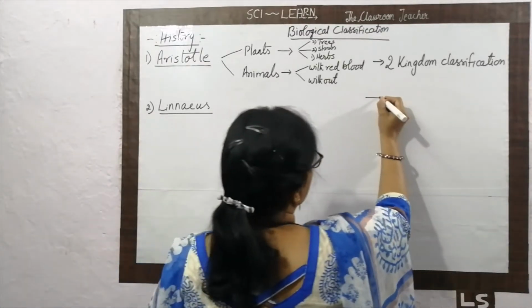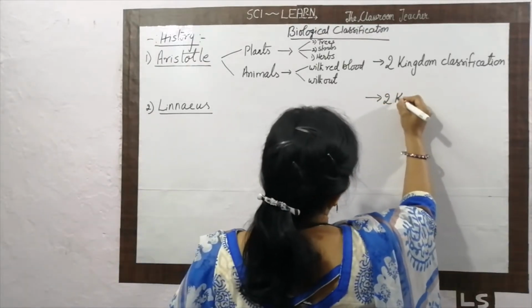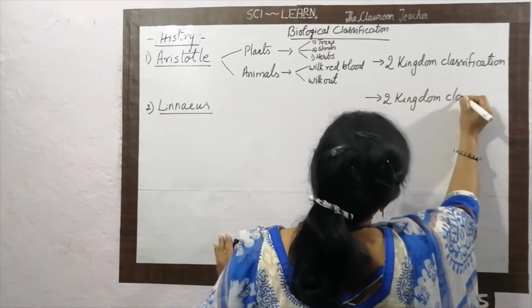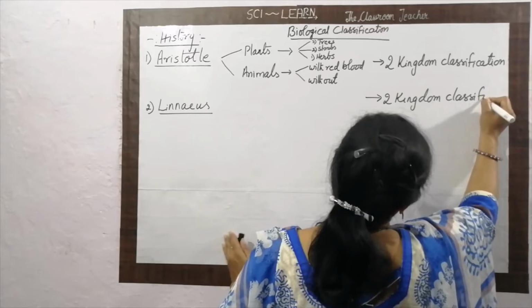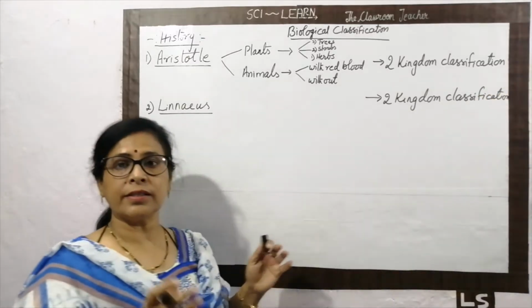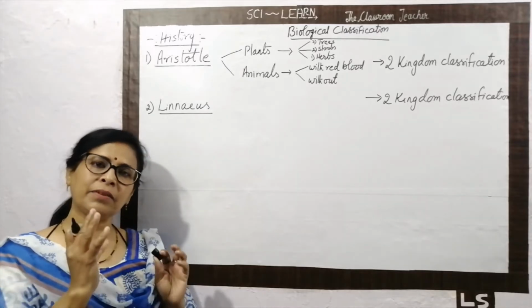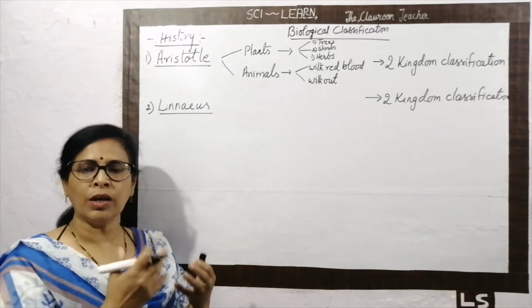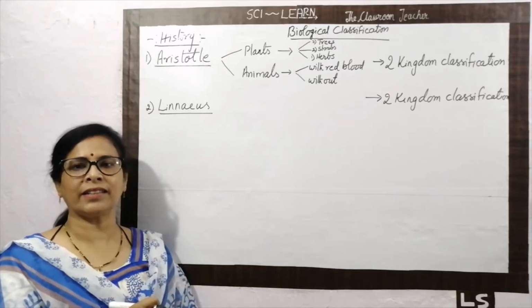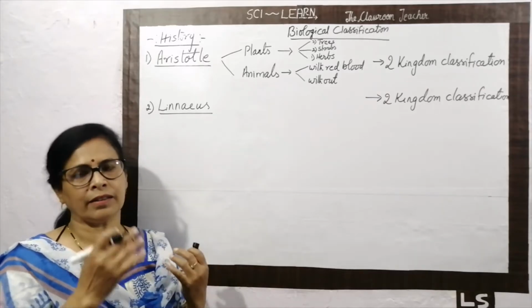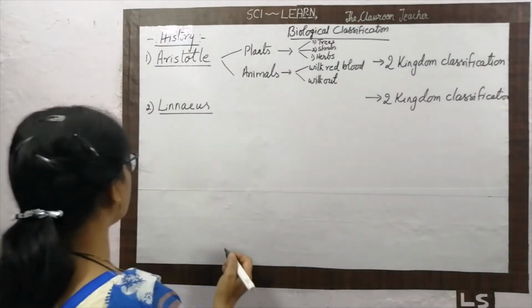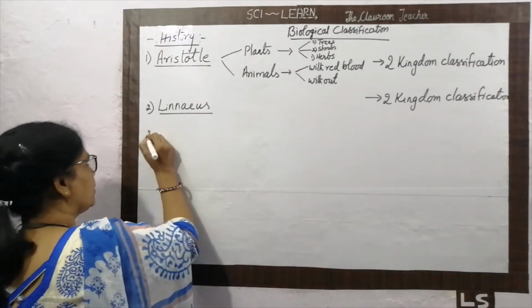He also proposed the same classification, the two kingdom classification, but he mixed certain characters, including some morphological characters as well as other characters for his classification. Okay, this is the two kingdom classification.